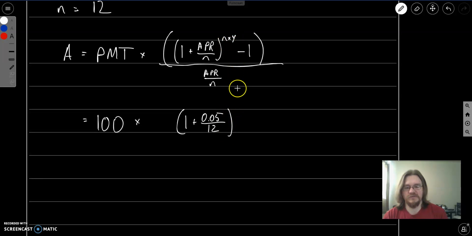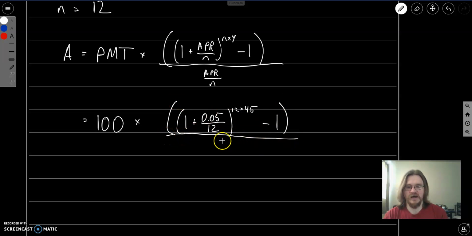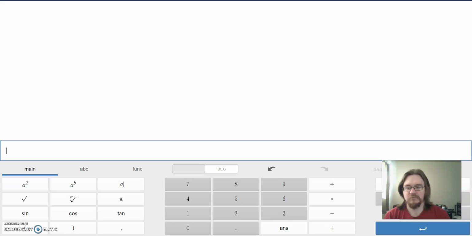And we're going to raise this to, okay, so it was 12 times a year, and we're going to do this for 45 years. We end up subtracting 1, just put all that in parentheses and divide the entire thing by our APR divided by 12. Hoofta. Okay, so that's a lot of numbers.